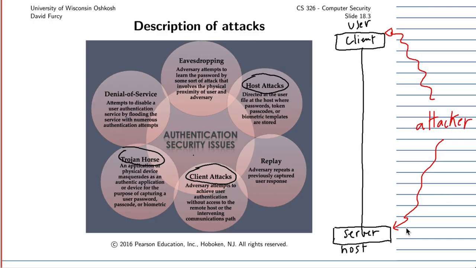And then we have attacks that focus on the communication links. So this would be an eavesdropping attack or packet sniffing, where the attacker can tap into the link and basically read the packets that are sent along this link, including maybe the encrypted password of the user. Eavesdropping could also take place on the client side by, say, shoulder surfing, with the attacker trying to read the password that the user is inputting into the system.